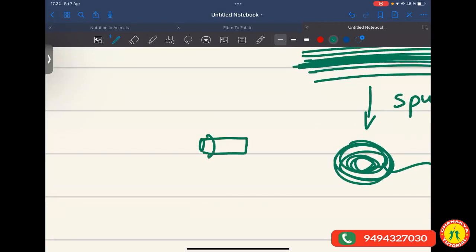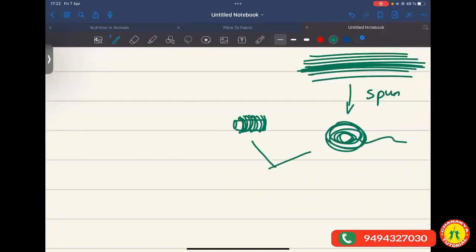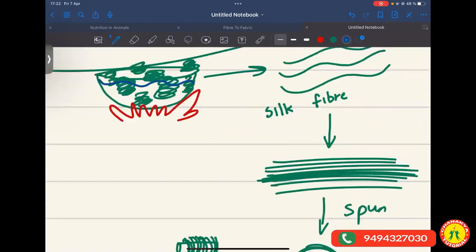You know what a thread ball is, right? You will have full threads. This is called yarn. Note the keywords: yarn, silk fiber.